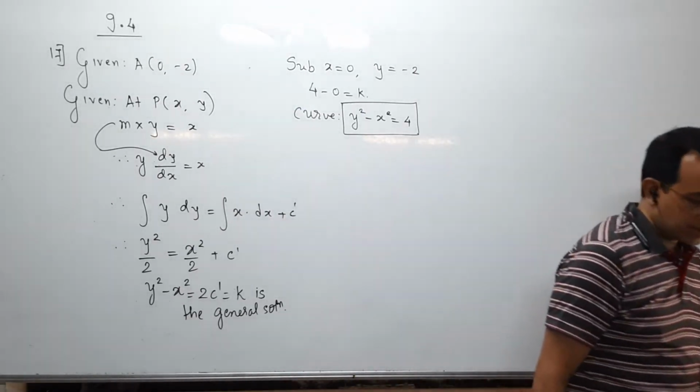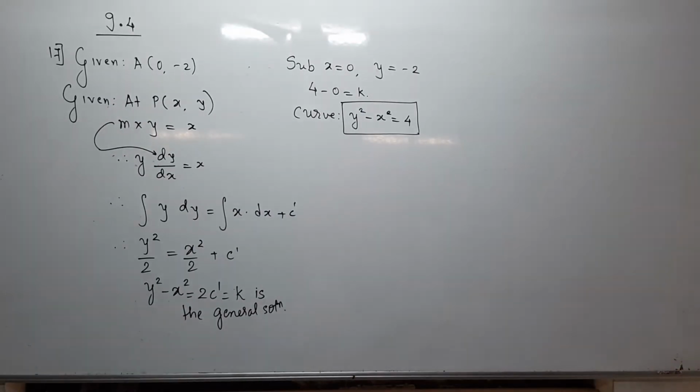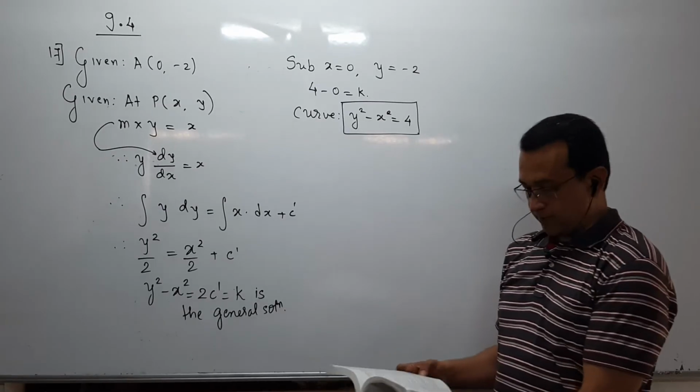So students, we get this way the required curve. So as per the given condition, the required curve is y square minus x square is equal to 4.